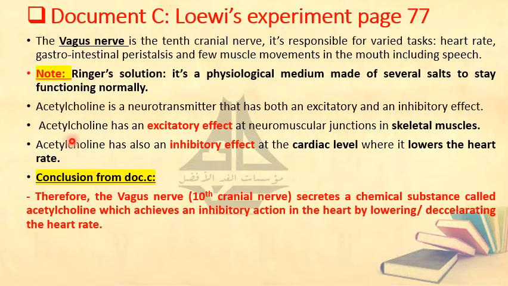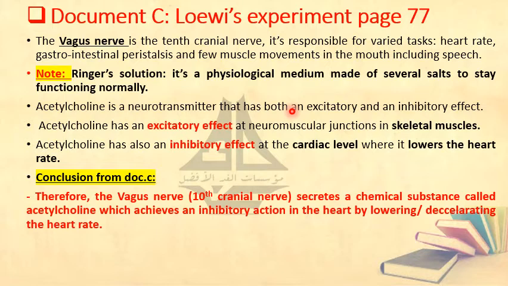So from document C, we concluded that the vagus nerve secretes acetylcholine, which achieves an inhibitory function in the heart by decelerating the heart rate. And you have to know acetylcholine's second function. It is responsible for all the contractions of the muscles.